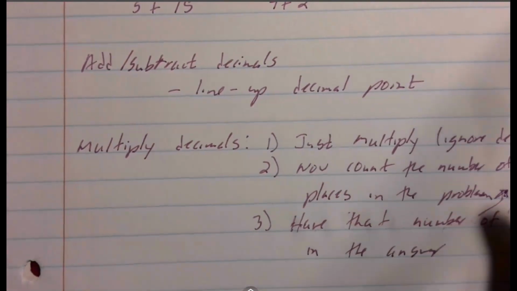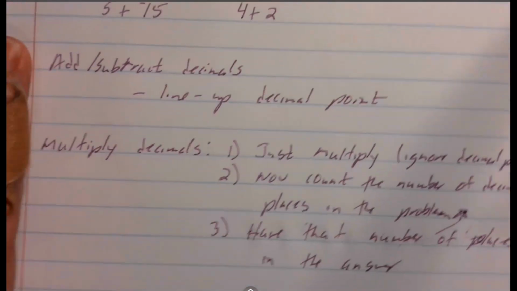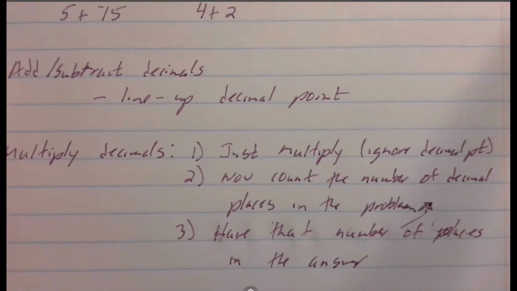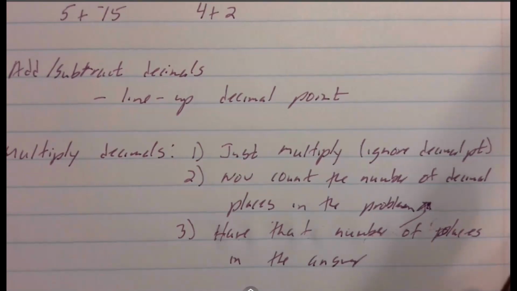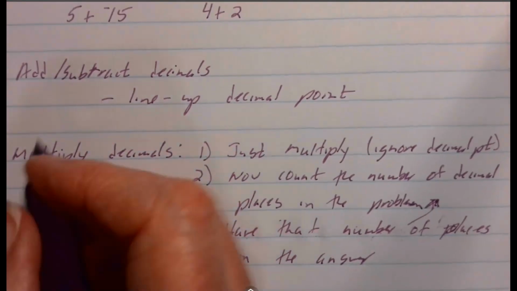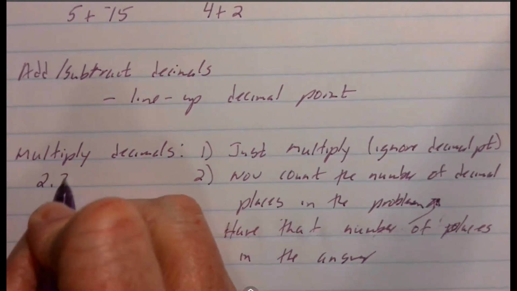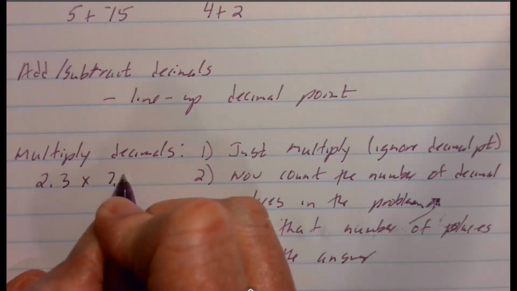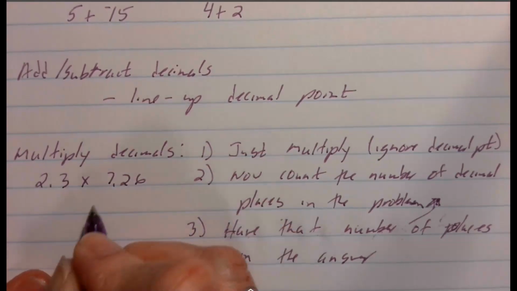And again, when you're making your note card, you're not going to maybe have all this information. You have to decide what is going to be important. And maybe you know how to multiply decimals, so don't write everything down that I wrote down. So, quick problem. If I have 2.3 times 7.26, I'm going to multiply.